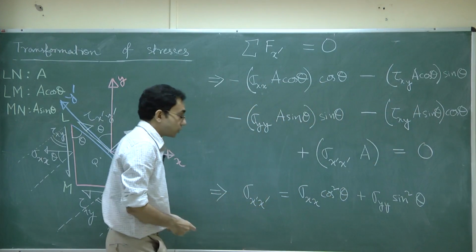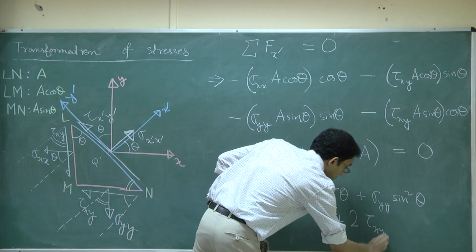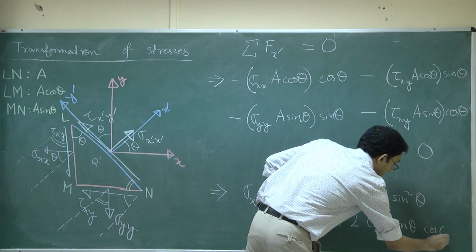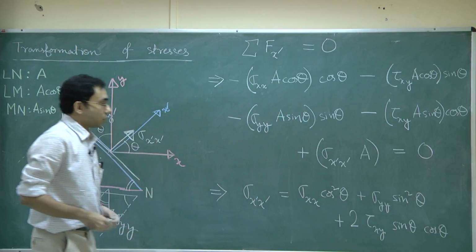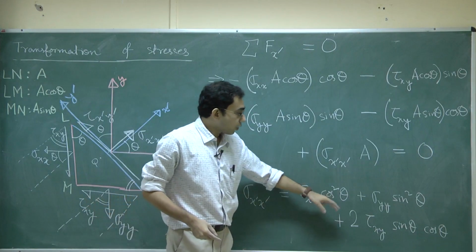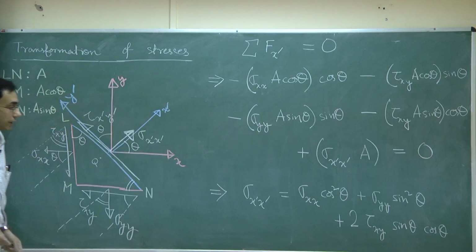So effectively what we have is plus twice tau xy sin theta cos theta. Okay. Now it is very much possible to convert this to cos 2 theta, sin 2 theta and so on and so forth, but we will take care of that later.